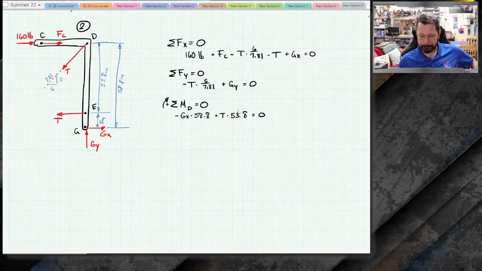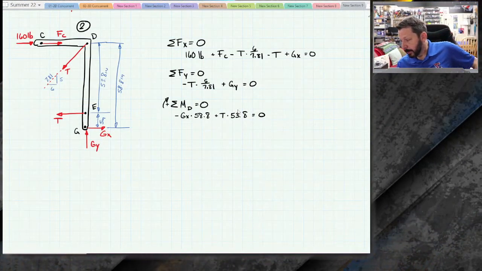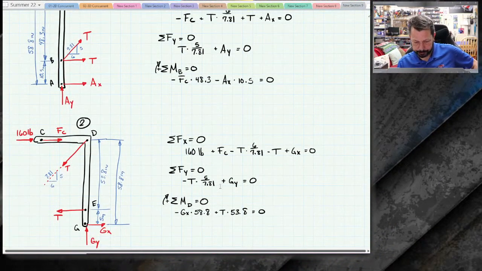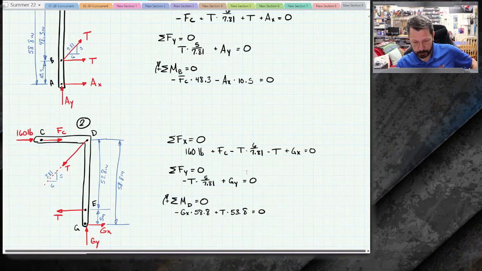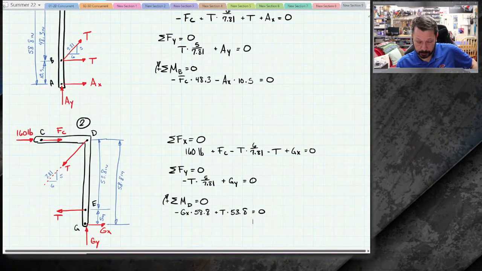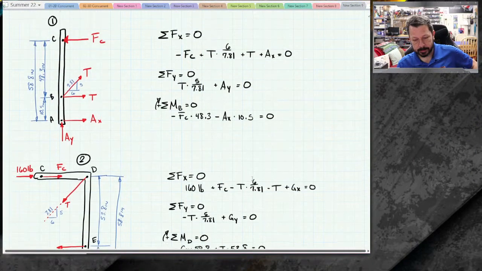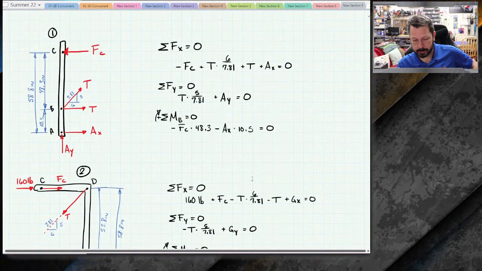All right. Now I have 6 equations, these 6 right here. 6 unknowns total between them. So I should be able to get all that into MathCAD and solve them simultaneously.